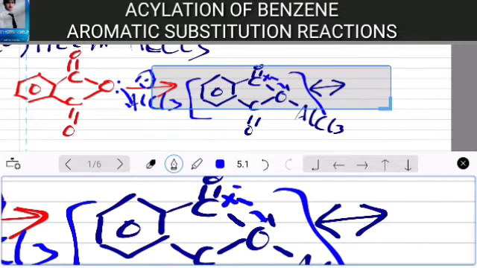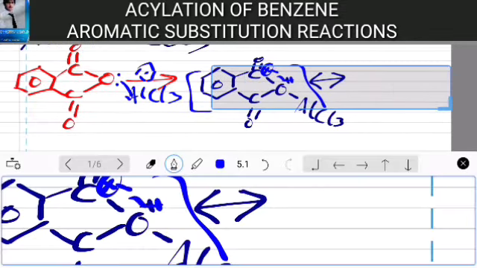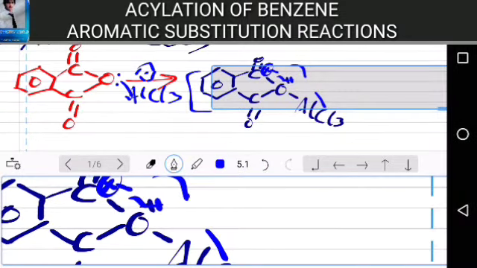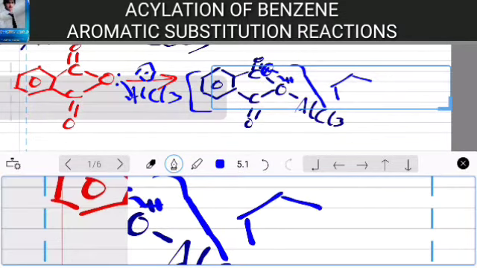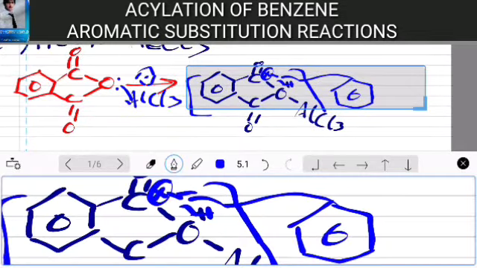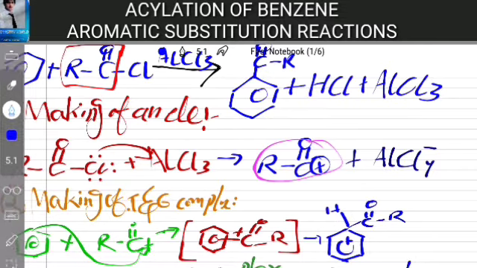The positive sign occurs somewhere on this carbon and somewhere on this O, and the aromatic ring attacks on this carbon when it becomes positive, and we can get our product. We can go to the next page.